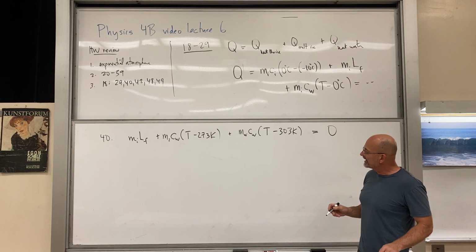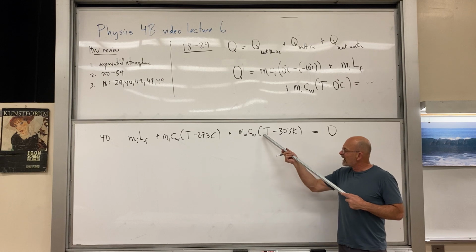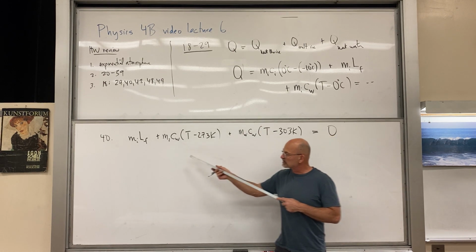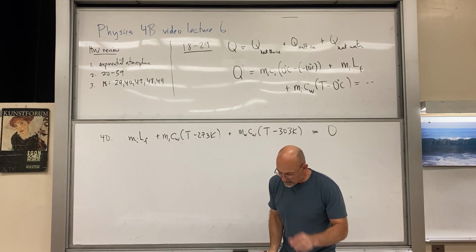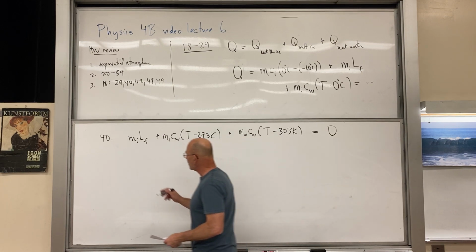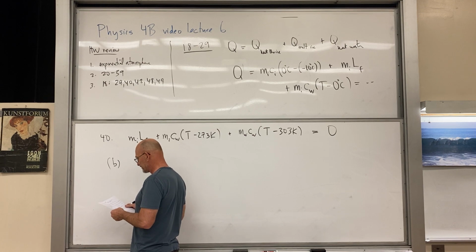For part B, they gave you such numbers that there actually was not enough energy in the water to completely melt that extra larger block of ice. Okay, so I calculated the numbers. So this was for part A. For part B, let me tell you what I had here.